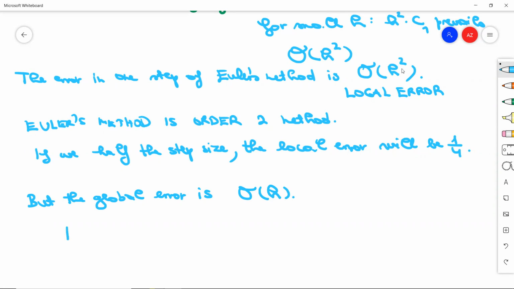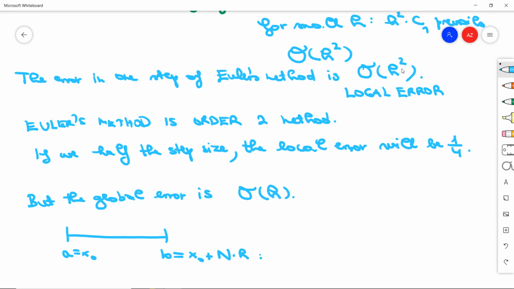So if we are given our interval a to b, we're solving our differential equation on the interval from a to b. So a is x0, then b is x0 plus n times h. So number of steps times h.